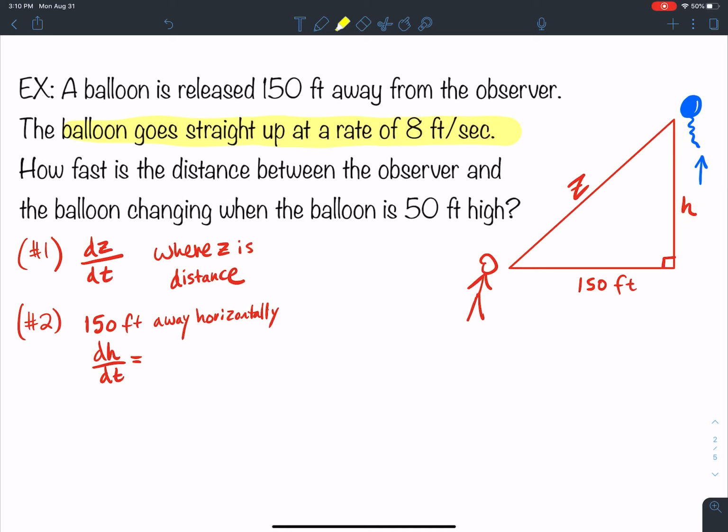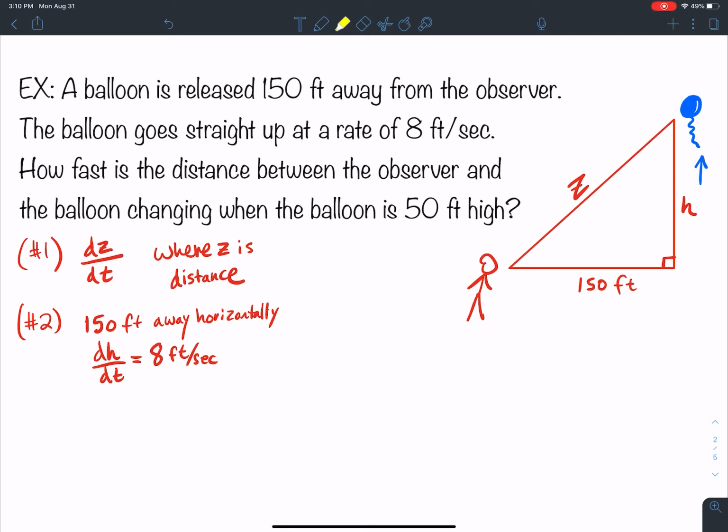So the height is changing with respect to time at 8 feet per second. All right, dh/dt is in feet per second units. Your derivative is a rate. That's why it's called related rates, right?